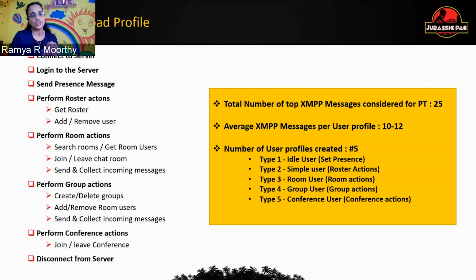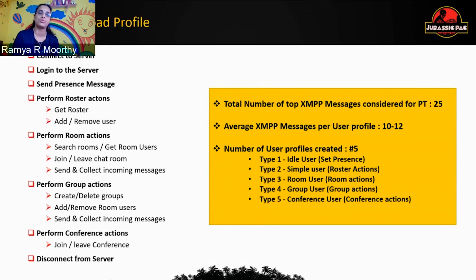If you look at each type of user, the way they interact with the server could be very different. For example, idle, they don't do anything. They just set presence online. Then maybe after some time, they just set a presence of saying, I'm away for a while. And so they keep spending idle time where the think time has to be really high, where they just set the presence.